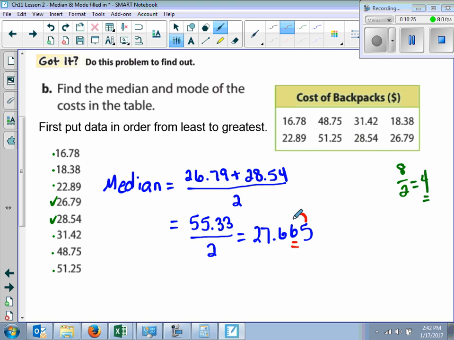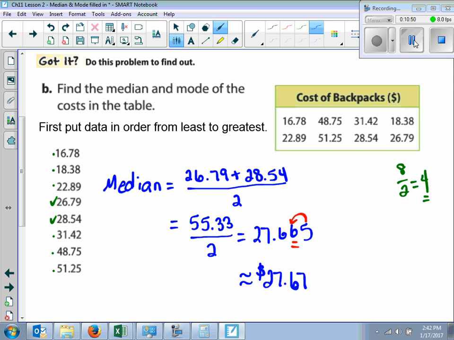Looking at the next digit, the 5 tells us what to do with the 6. So our final median is approximately, we use our squiggly equal sign there, $27.67. So there is our median.